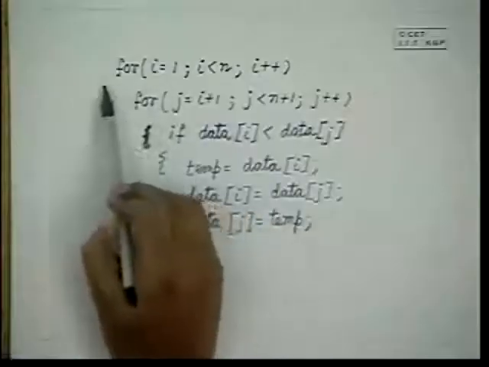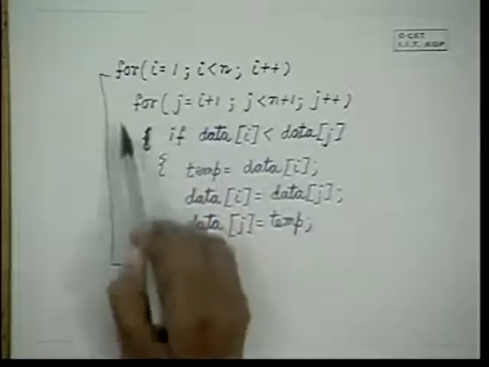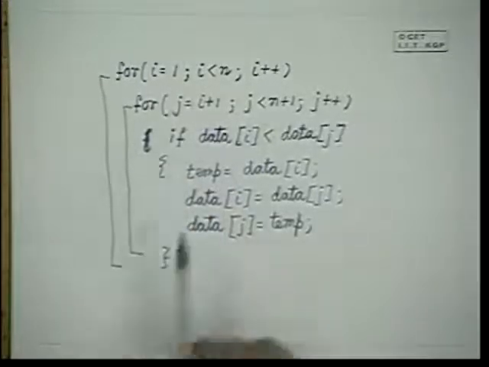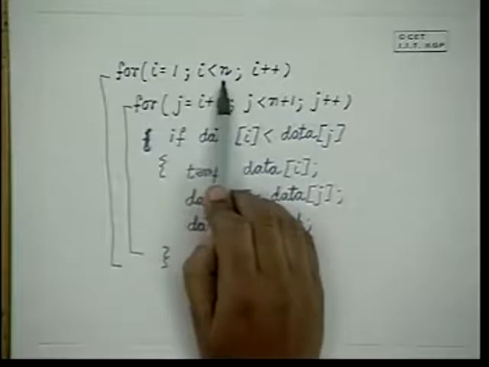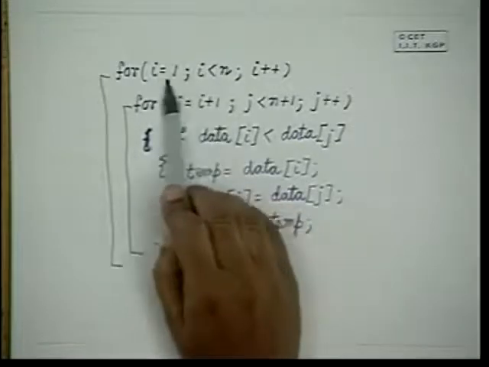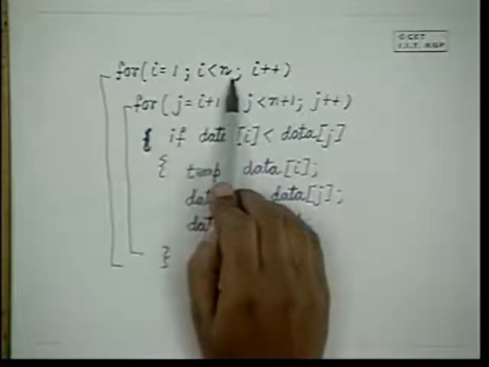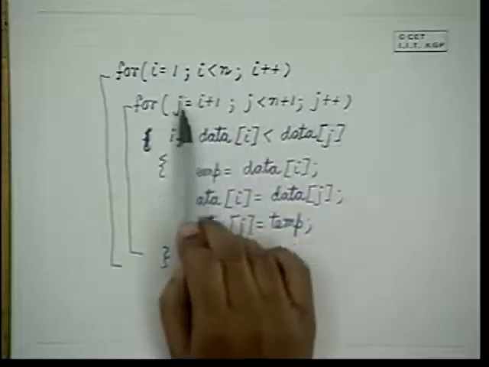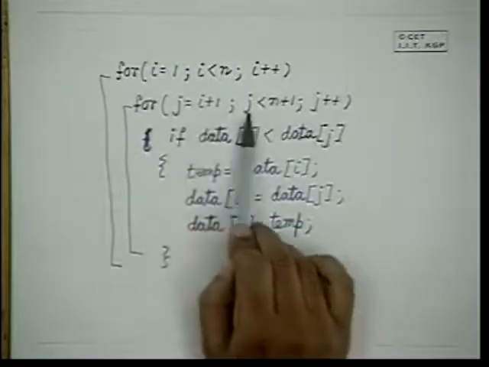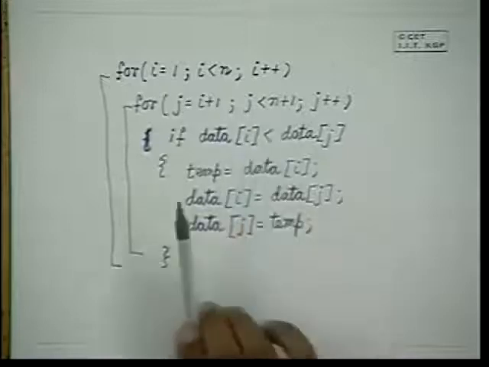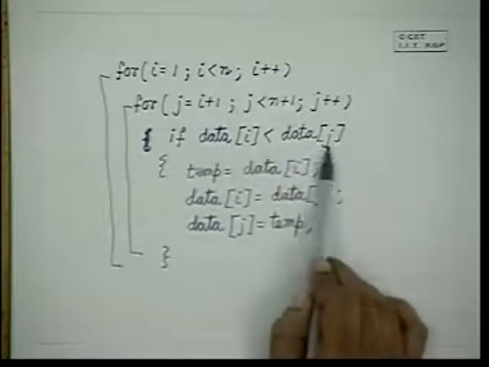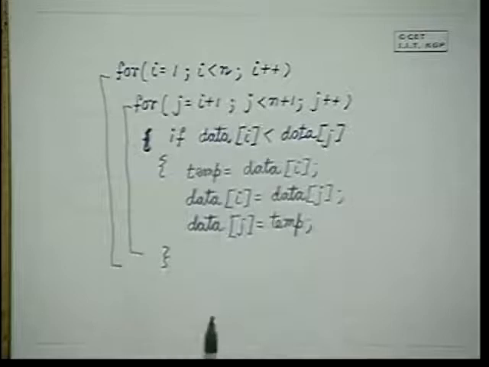So the next one we will come to is the exchange sort. The core part of it has two loops. For i equal to 1, i less than n, or if you wrote 0, then you would have written n minus 1. For j equal to i plus 1, j less than n, j plus plus. If data i is less than data j, then this is what you do.